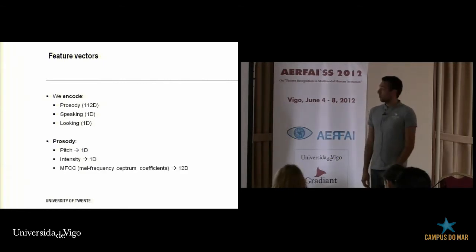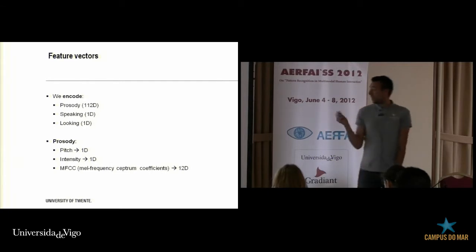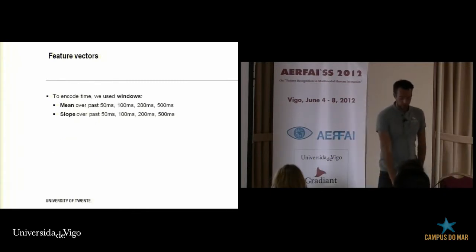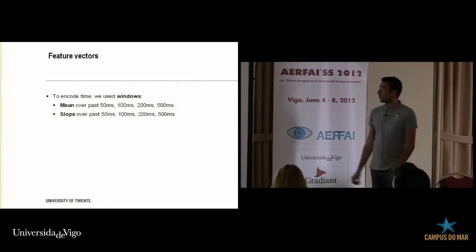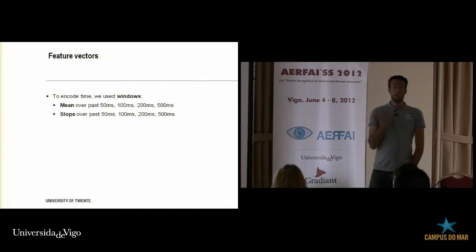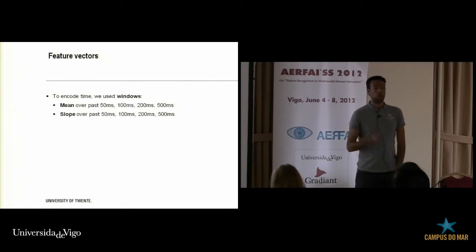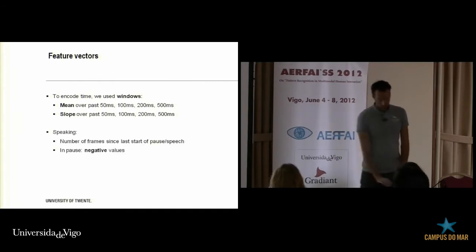For pitch, intensity, and MFCCs, I think you heard everything about it this morning, and if not, you will hear about it tomorrow, so I won't go into that. We're also going to use different windows: the mean of these features over the past 50, 100, 200, and 500 milliseconds. That's how we encode time into our samples and features.